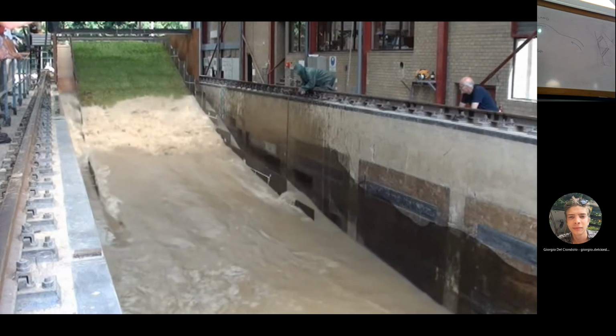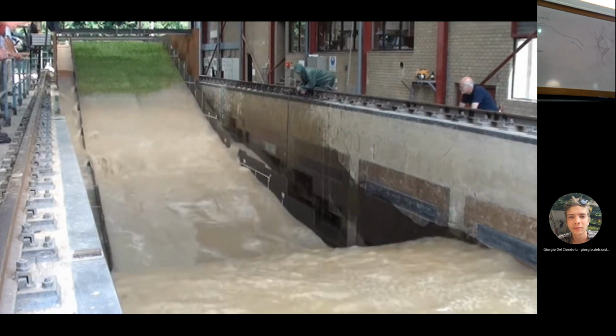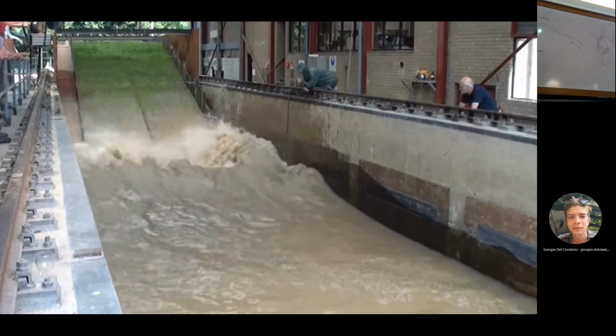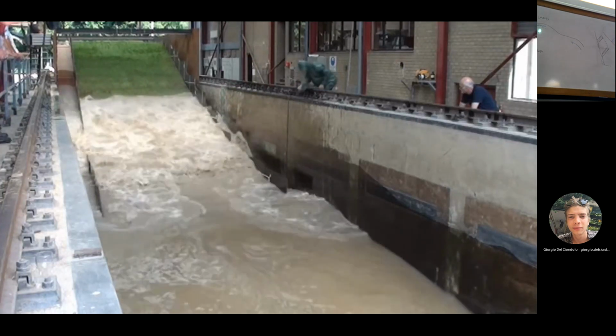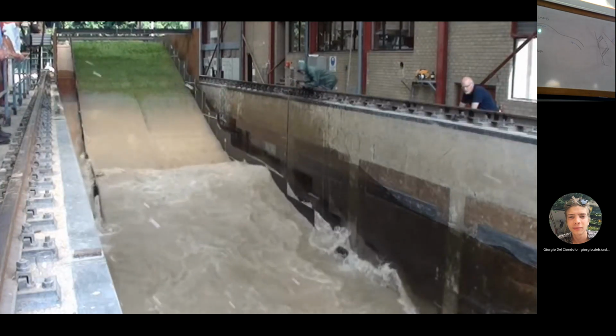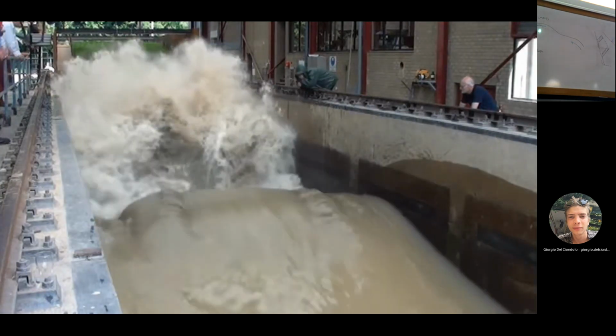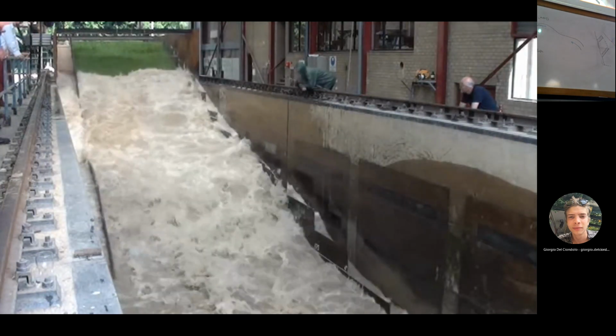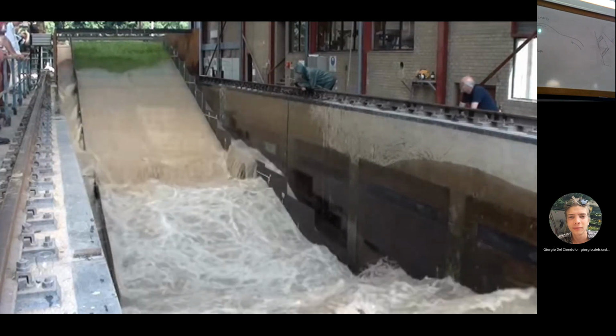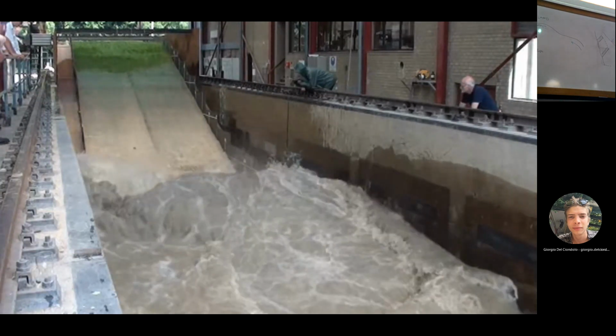And there are important scale effects. I think here they are testing a kind of protection of geotextile or something like that. So you cannot reduce much because of the scale effects, and therefore you require large facilities.